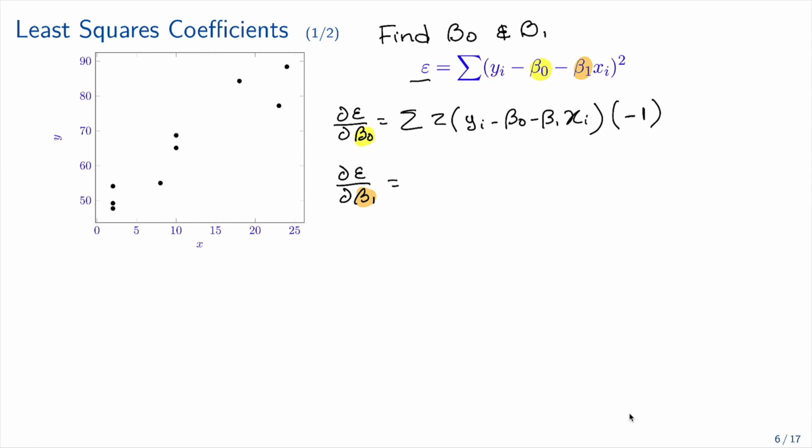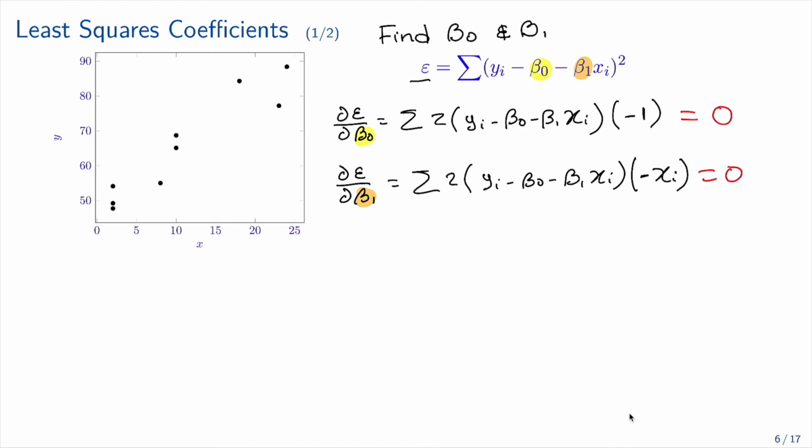So our derivative is the sum of 2 times (yi - beta 0 - beta 1 xi), now multiplied by the internal derivative, and in this case it will be the derivative of just this term because these two are 0. The derivative of this term with respect to beta 1 is minus xi. So minus xi.